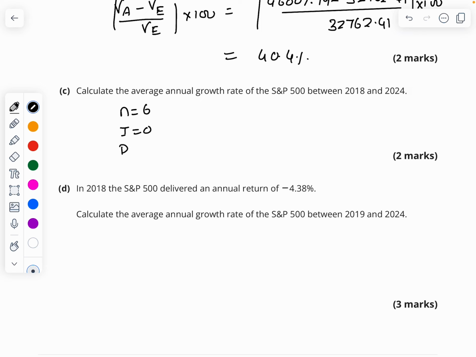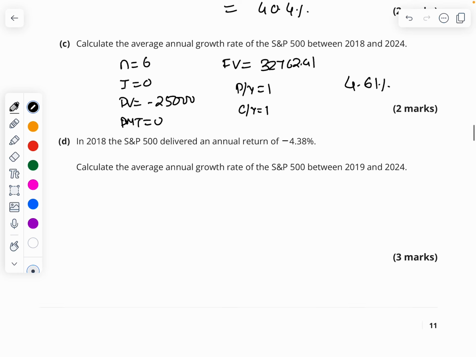Then the present value is going to be minus 25,000, then PMT is going to be 0. Then the future value, or final value, is 32,762.41. Then P/Y is 1, and C/Y is also equal to 1. Then calculate. What are we going to calculate? We are going to calculate the interest rate. It's going to be nothing but how much?